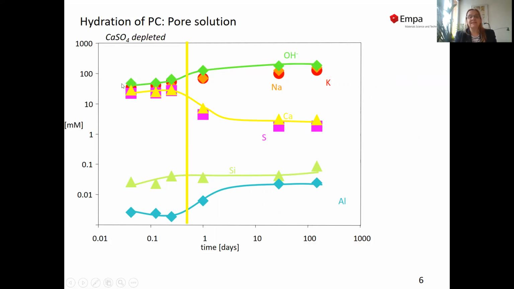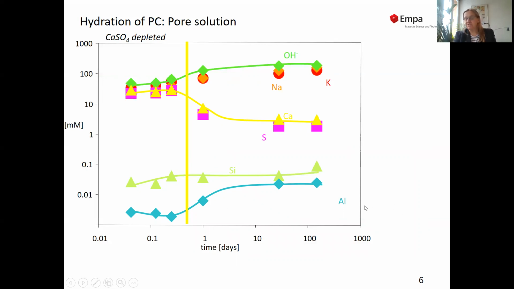You can see initially we have relatively high calcium and sulfate concentration here in pink and yellow, which decrease after a few hours, at the moment, basically, when we have consumed the calcium sulfate, the anhydrite and gypsum initially present in the cement, to form ettringite. At the same time, you also can see an increase of hydroxide concentration or of the pH.